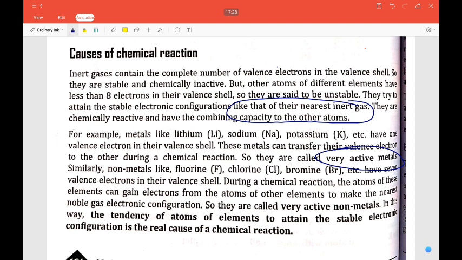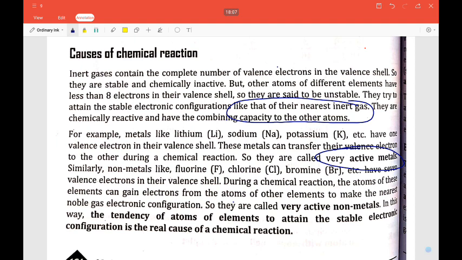Students, what do you mean by active metals and passive metals? Active metals are metals which lose electrons fast, and passive means which lose electrons slower. Sodium and potassium are active. Aluminium is less active, gold is more passive.